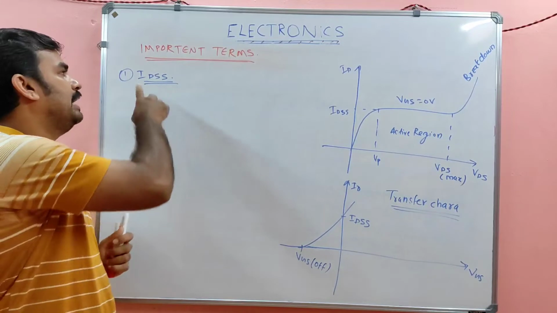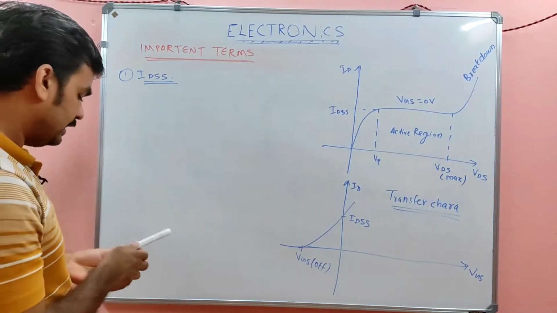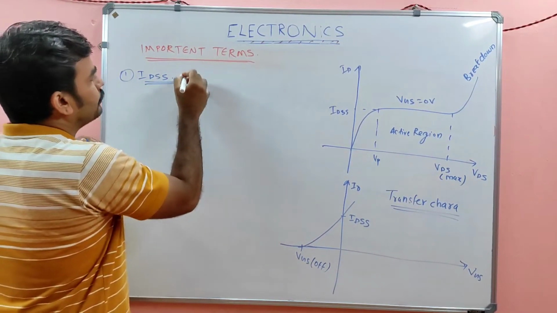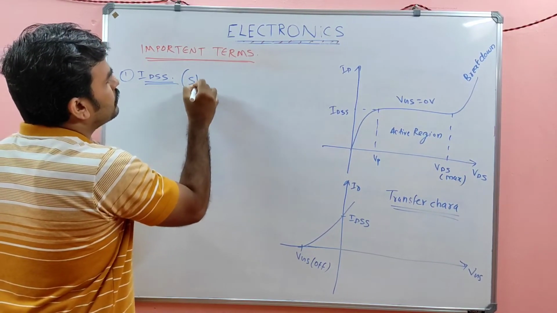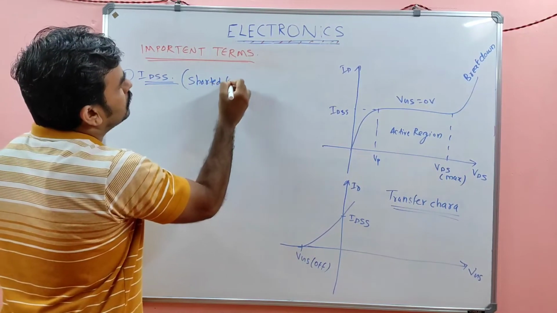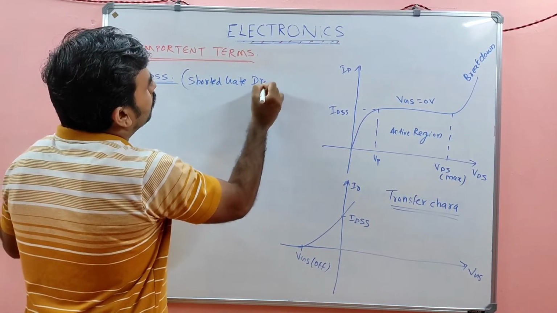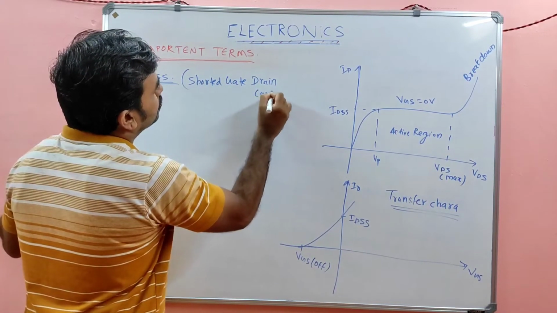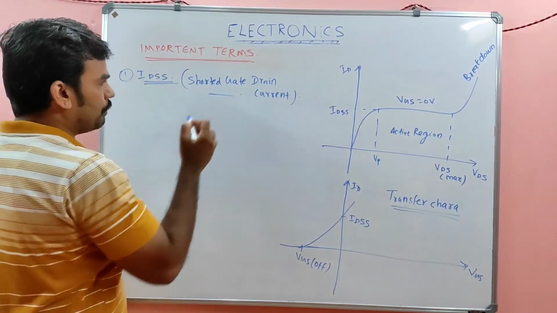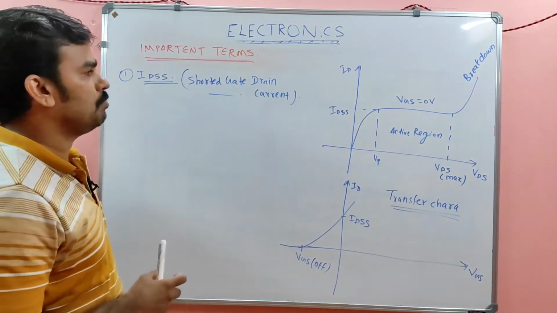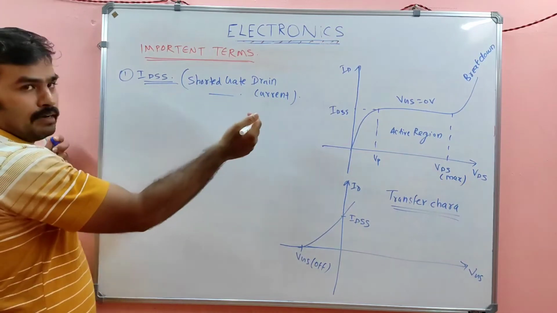So let's discuss some important terms regarding JFET, first already explained in the previous class: IDSS. What is IDSS? Shorted gate drain current. I already explained, but once again I will explain. It is the drain current.